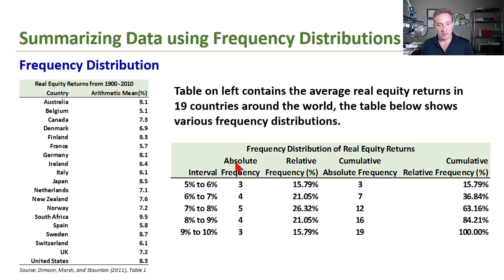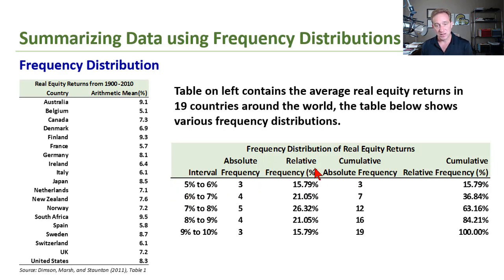Such that here we have the absolute frequency. So three of these countries have an arithmetic mean that falls into the bin of 5 to 6%, 4 of them 6 to 7%, and so on. So here the absolute frequency is just the count of the observations, or in this case countries, that fall within that bin.